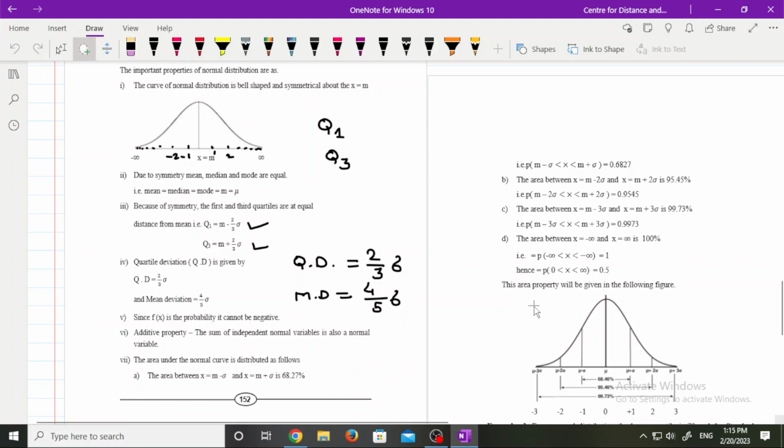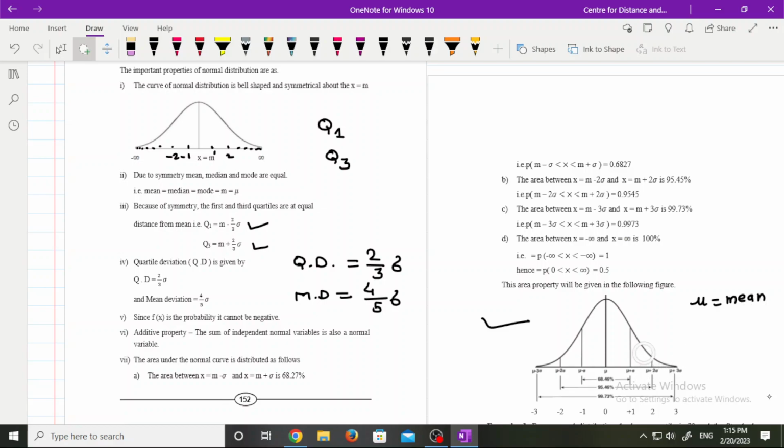Now, this is our bell-shaped normal distribution curve. Here mu is our mean.